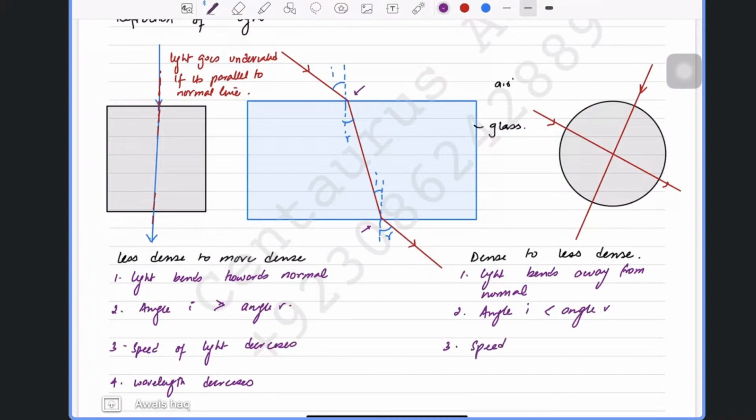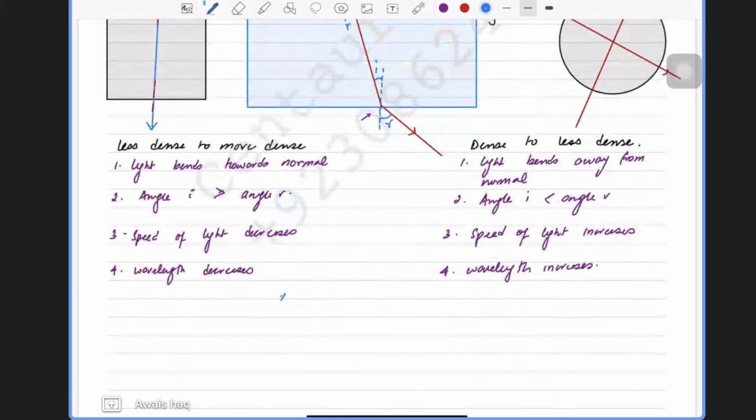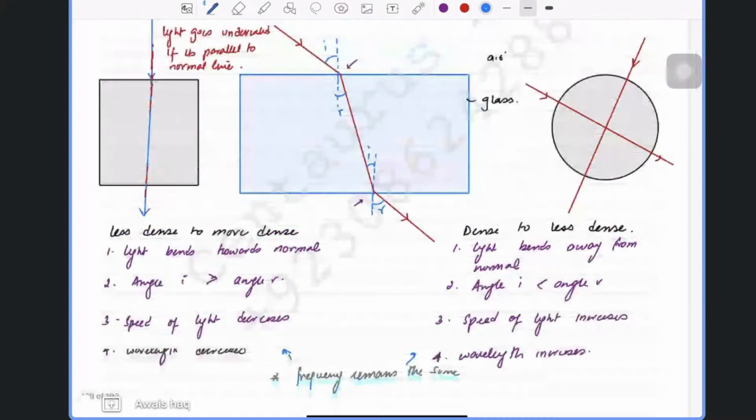Because this is also a wave, the speed of light increases. And the fourth thing is that wavelength increases as well. The only thing that remains the same, right? Frequency remains the same in both the cases. All right, is it clear?